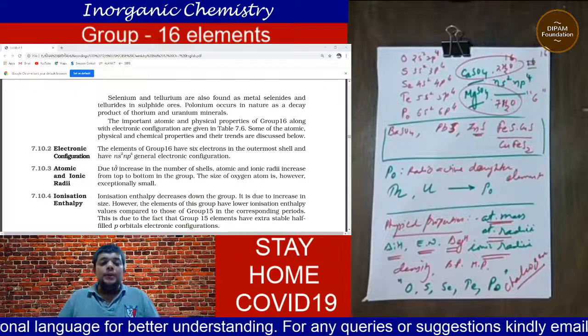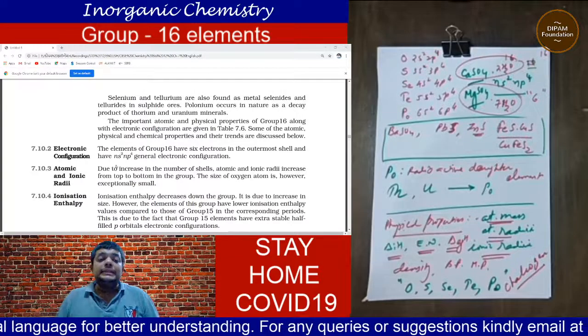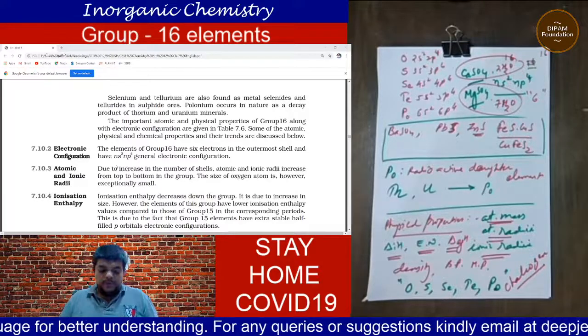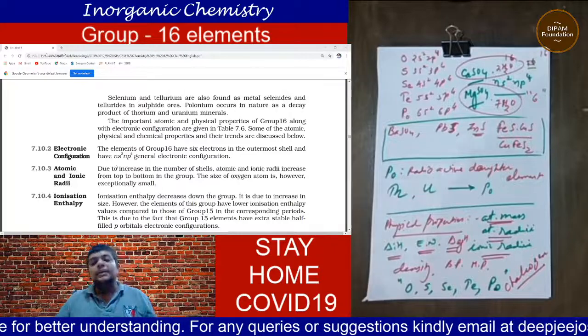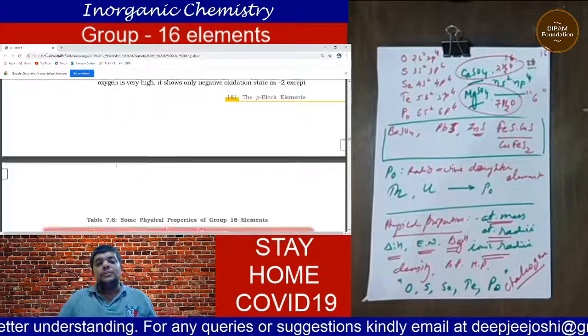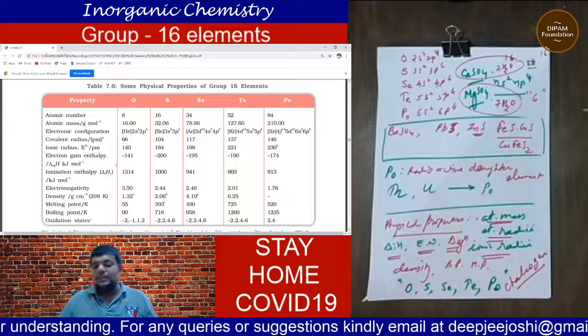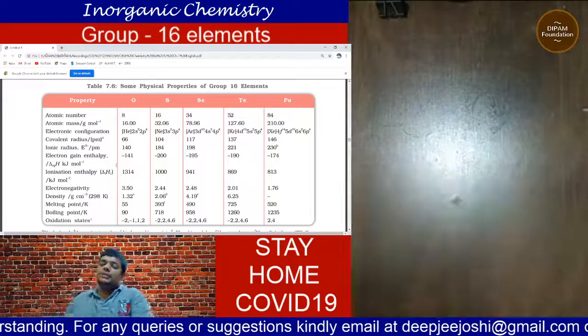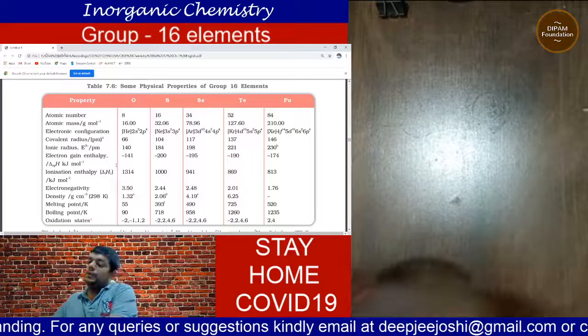So now we will start with the physical properties that are made available to us. We will first shortlist these physical properties on the basis of a tabular format every time. And once we are done with the tabular format, we will go with the theory.